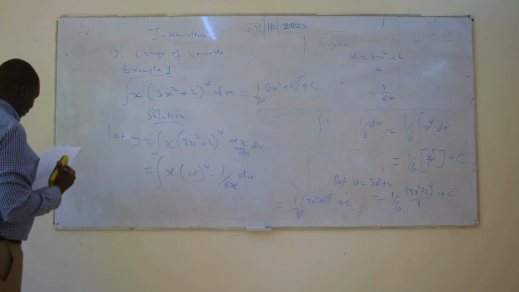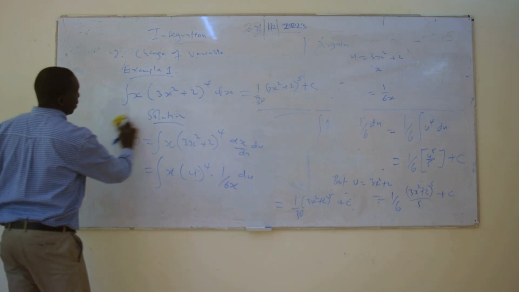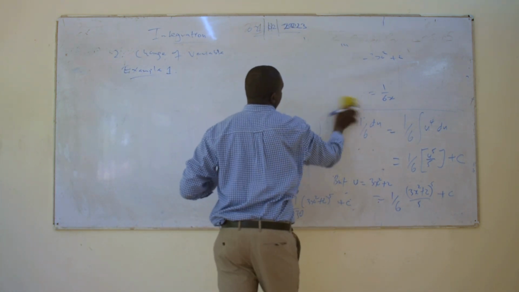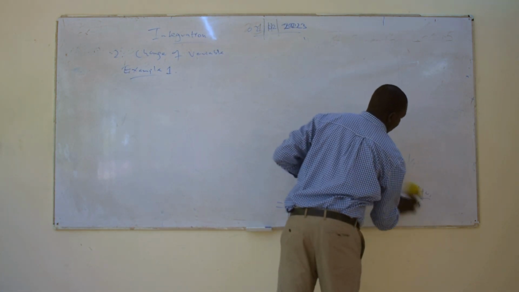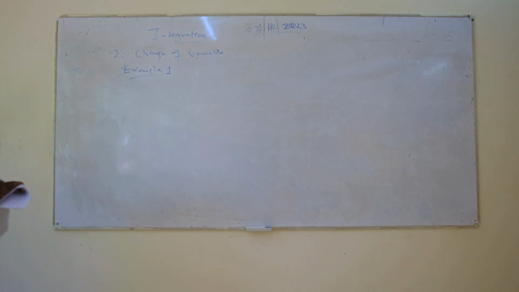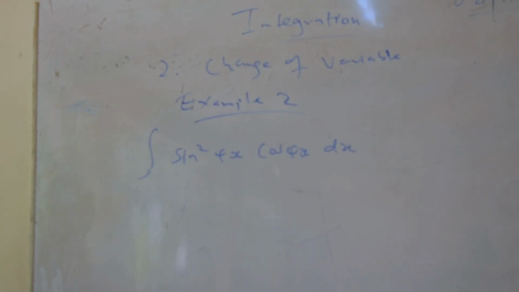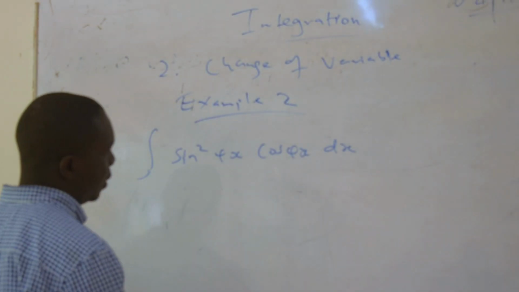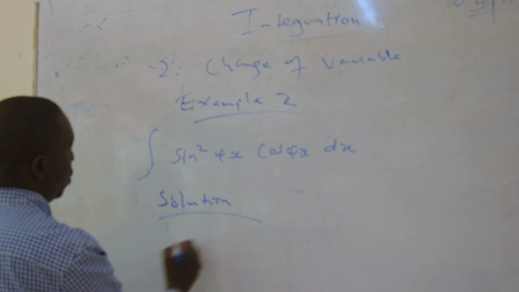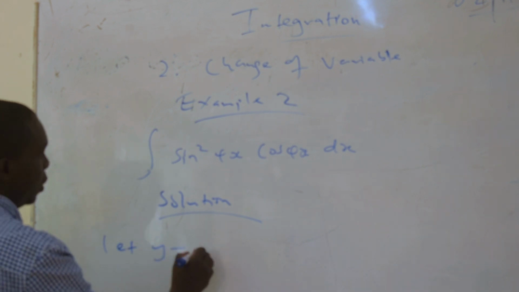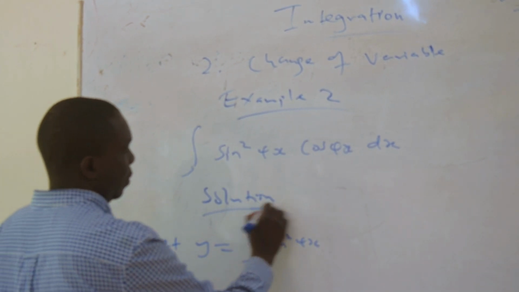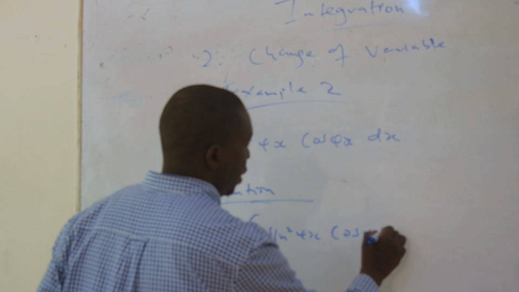Example 2. Integrate sine squared 4x cos of 4x dx. Solution, you can say let y be equal to the integral of sine squared 4x cos of 4x dx.